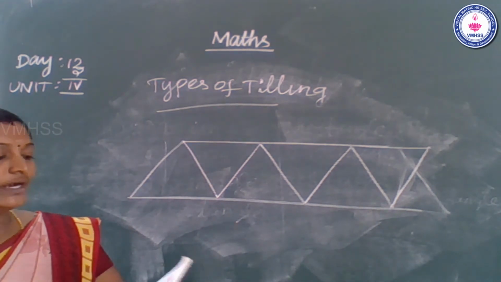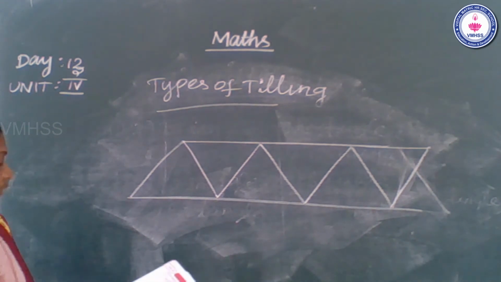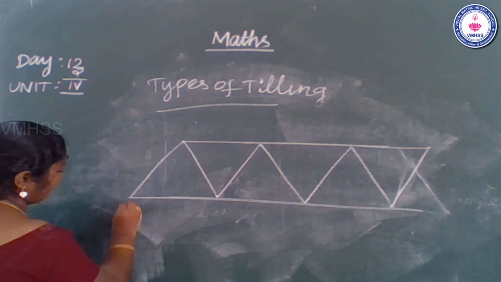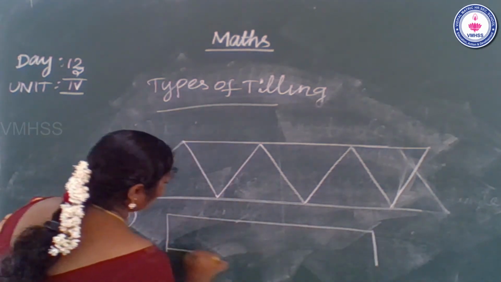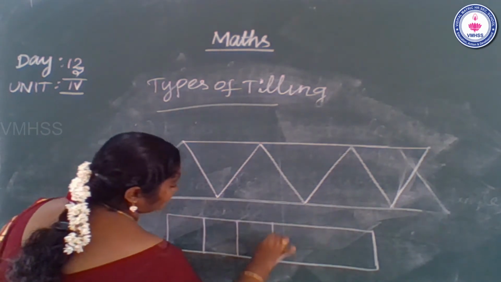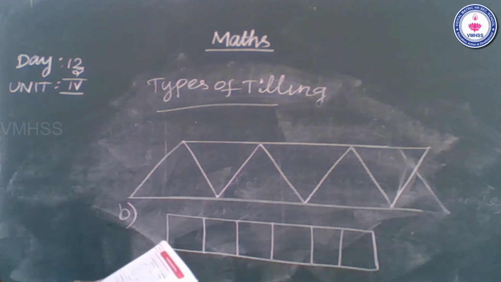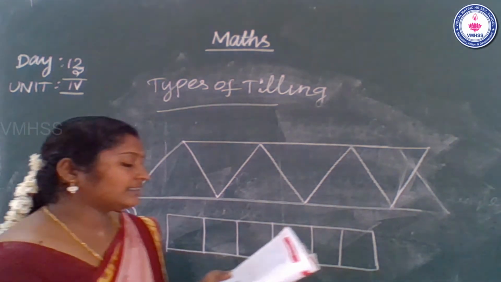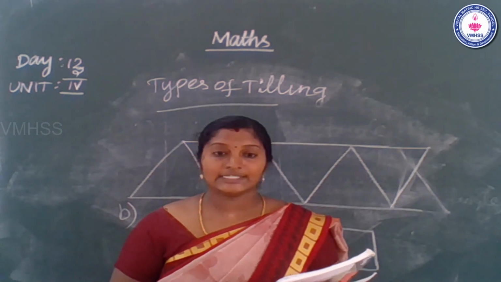Okay, next one, tilling rectangle and square. Second one, B: use the unit shape square. We also draw. Complete the tilling pattern by adding more rectangles and squares.